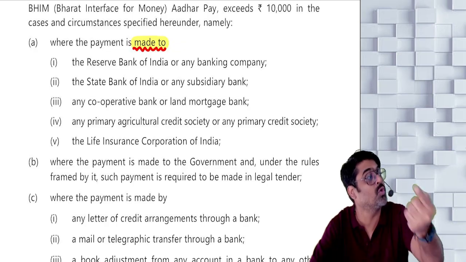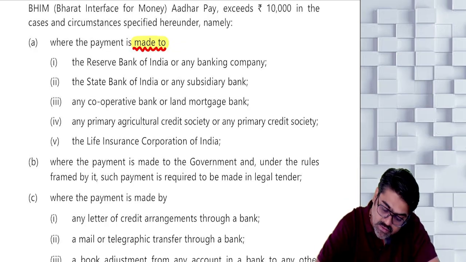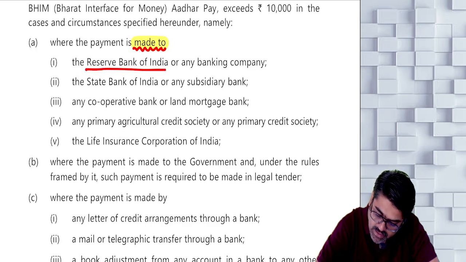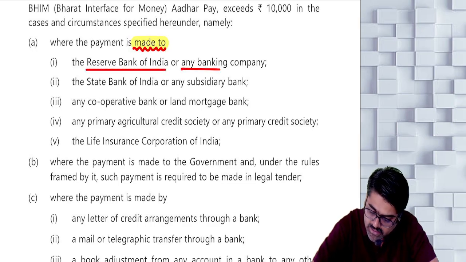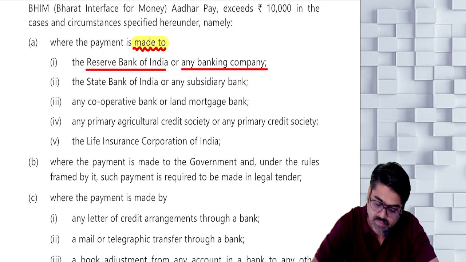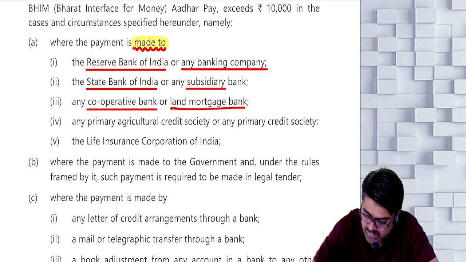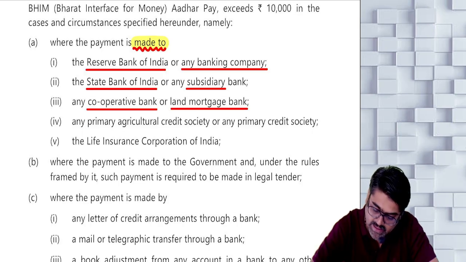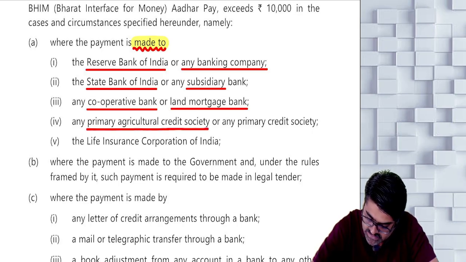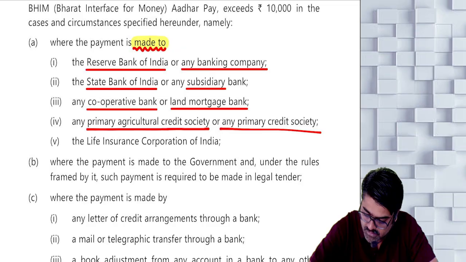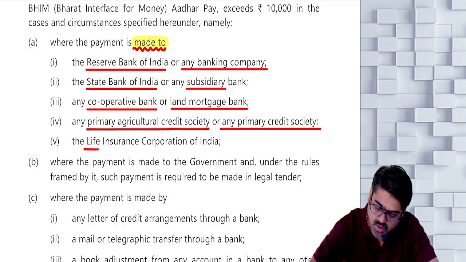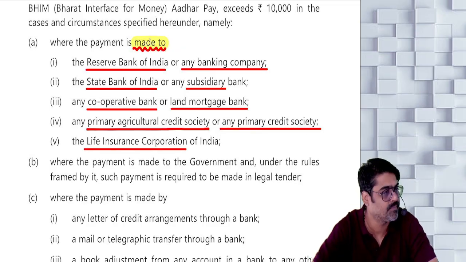The person to whom you are making the payment is RBI, or any banking company, SBI or any subsidiary of SBI, any cooperative bank or land mortgage bank, any primary agricultural credit society or any primary credit society, or even the LIC.